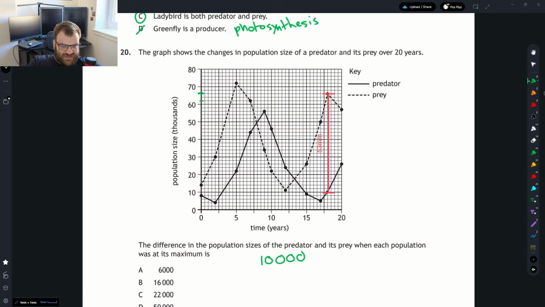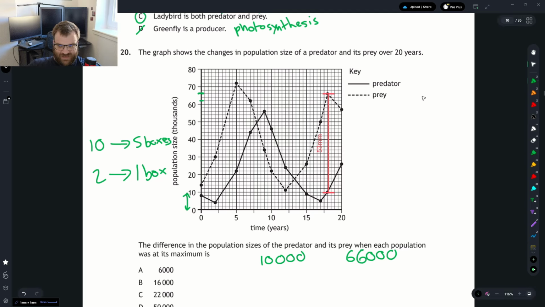If you tried 61, 62, it doesn't work. 62, 64, 66, 68, 70 does work. So 66,000. Another option is if you look at from here to here, we've got a difference of 10, and that's for 5 boxes. We'll divide them both by 5, means that every box has to be 2. So you can do it just by trying out numbers. Some things are quite nice, some things are a wee bit horrible, but we get to there.